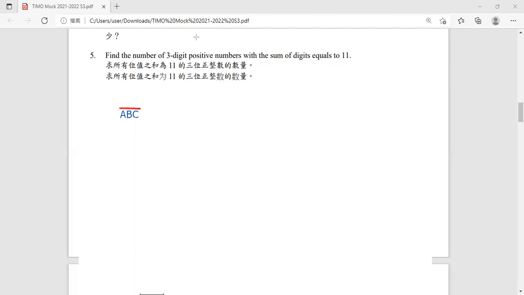It means 100A plus 10B plus C. Now I know that A plus B plus C equals 11, and A is not equal to 0, but B and C can be 0.